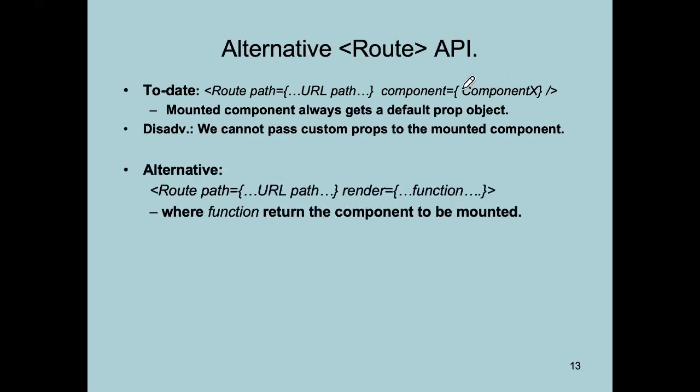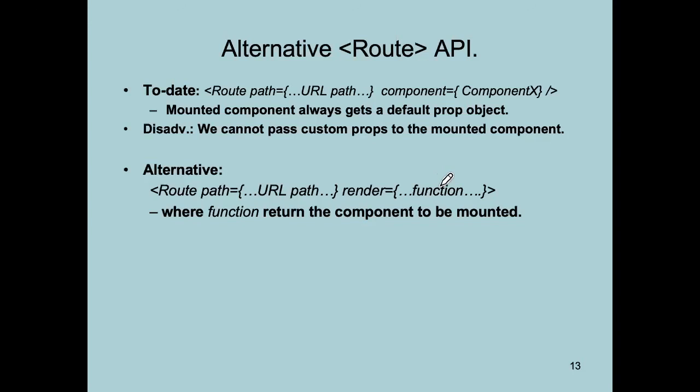And the alternative form looks like this. Whereas up here, the props are path and component, in the alternative form, it still takes the path prop, but the second prop is called render. And the render prop, you can pass it a function. And you can have any logic in that function that you want to.